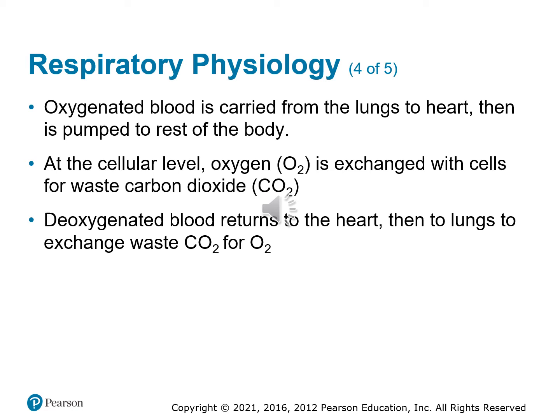At the cellular level, oxygen is exchanged with cells for carbon dioxide. As the blood is pumped back towards the heart, that is deoxygenated blood, and it exchanges its place with the oxygen, allowing us to get rid of the waste carbon dioxide and inhale oxygen.